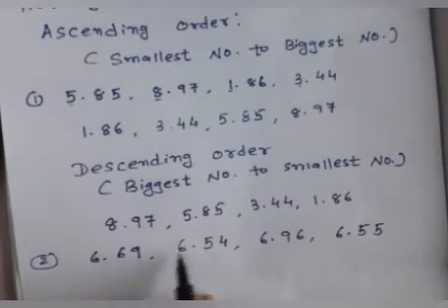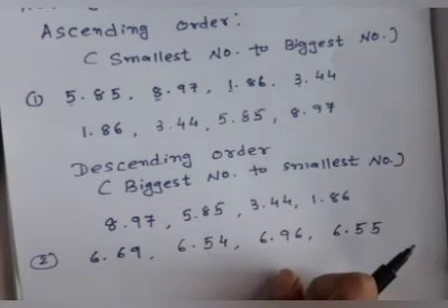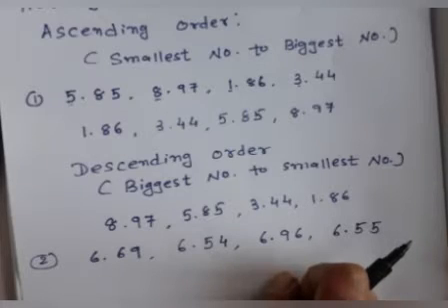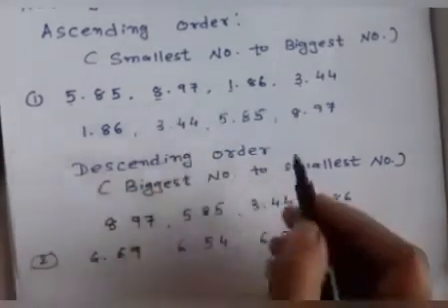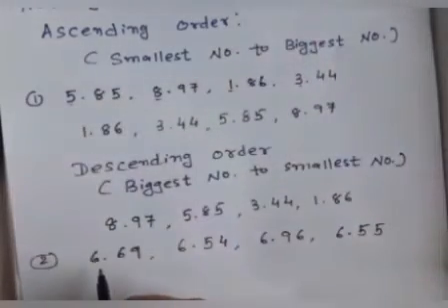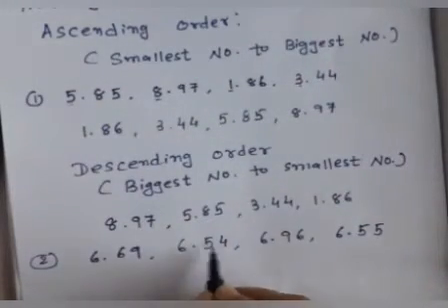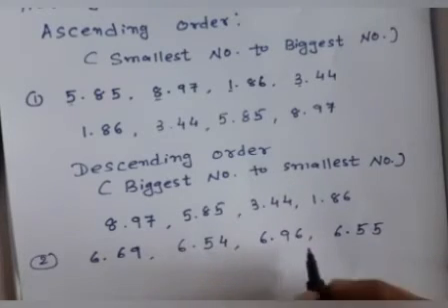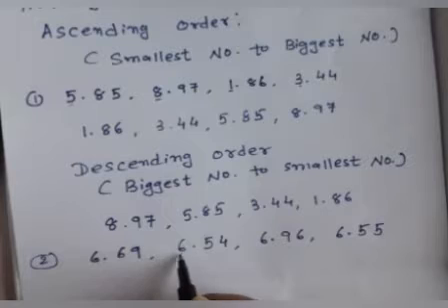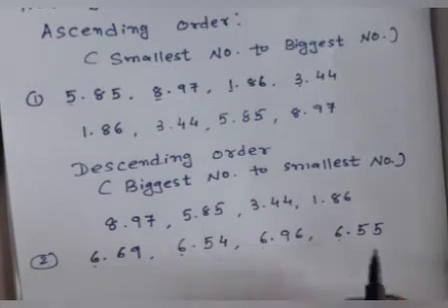How to arrange these numbers in ascending order and descending order? Let us understand. First, how to arrange the numbers in ascending order means smallest number to biggest number. See here, left side number. First we compare this number. All these numbers are equal: 6, 6, 6, 6.